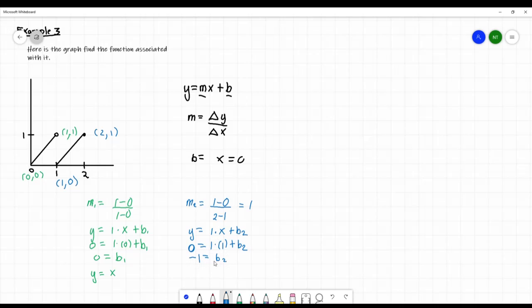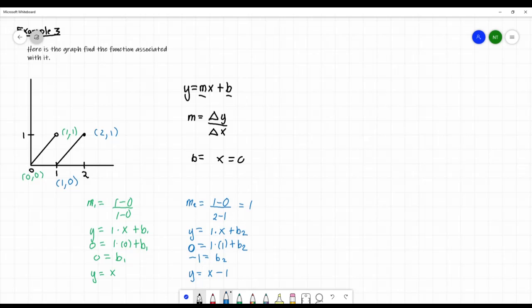Now we found the solution of the other line. So y is equal to m, which is 1, so we don't have to write it, times x plus minus 1, which is b2. We'll just write it like this. So now we found the two lines that represent the piecewise function in the two different domains.